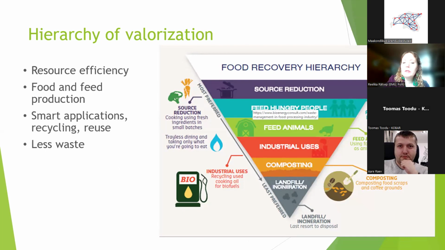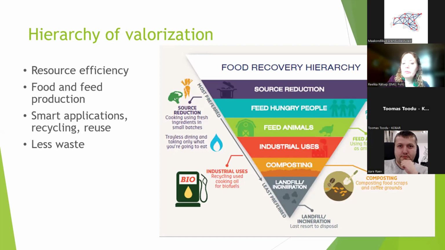And if we look at this pyramid here, we can see that we should start from the resource reduction. That means that we should try to produce in a way that this kind of wastes occur less and less. So we try to optimize our production, optimize our processing technologies.